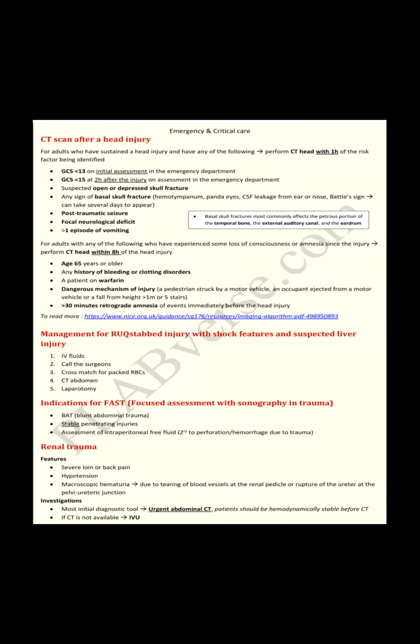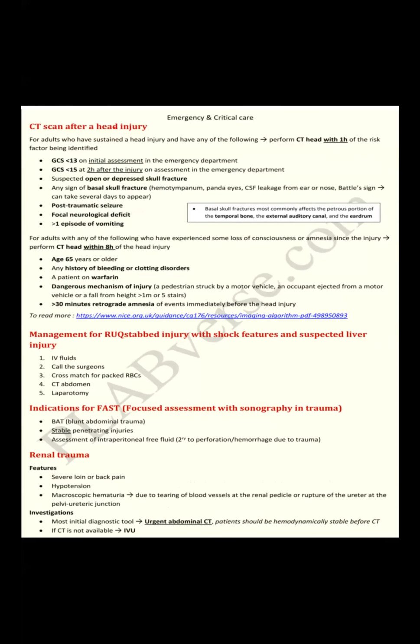For adults who have sustained a head injury and have any of the following, perform CT head within 1 hour. If GCS is below 13 on initial assessment in the emergency department, we have to do the CT scan to evaluate the cause.